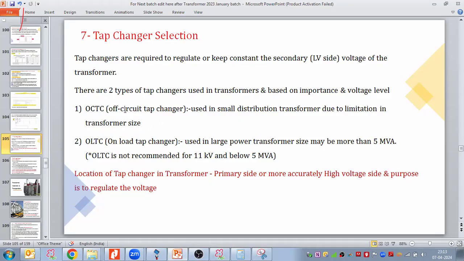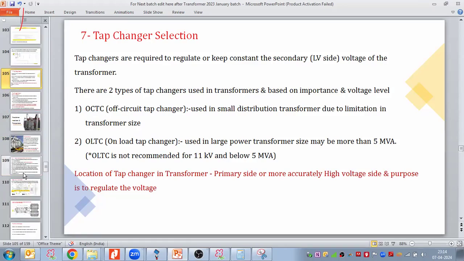There are two types of tap changers used in transformers, selected based on importance and voltage level. That could be OCTC, which stands for off circuit tap changer, used in small distribution transformers due to limitations in transformer size. And when we go with a higher rating of transformer, we use the OLTC. When we have the OCTC, off circuit tap changer, we have to de-energize the transformer.